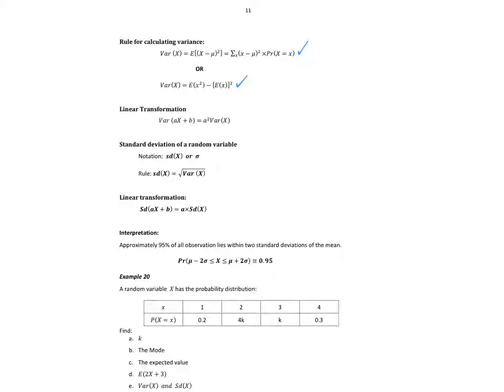Variance of x is the expected value of x squared minus the expected value of x all squared. Similarly, since we're squaring everything here, the little a for the linear expression comes out the front to make it a squared.